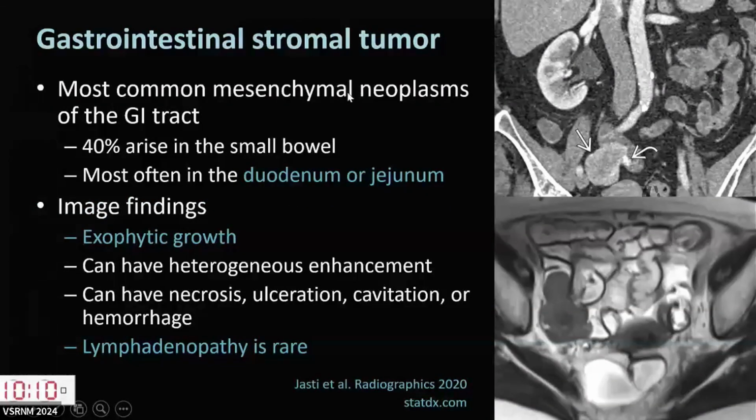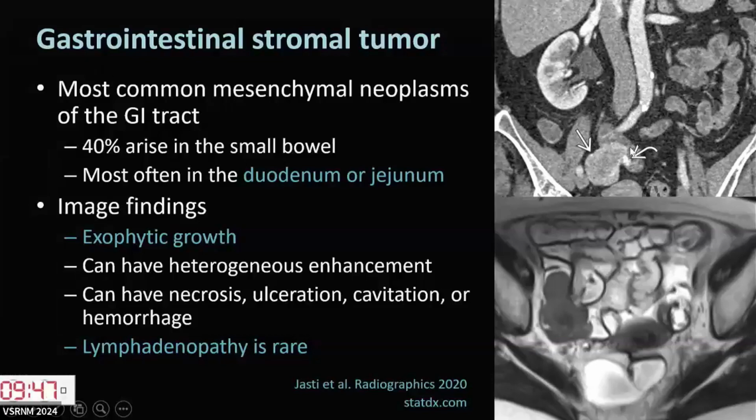So gastrointestinal stromal tumors are the most common mesenchymal neoplasm of the GI tract. They are most commonly seen in the stomach, but can also arise in the small bowel, about 40%. It's more often seen in the duodenum or jejunum.